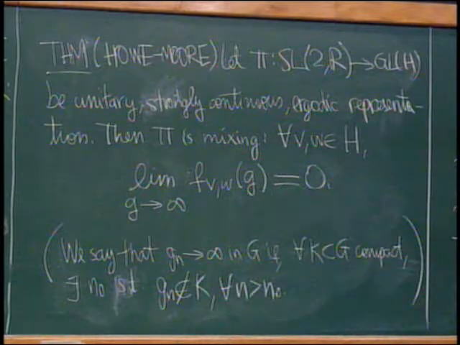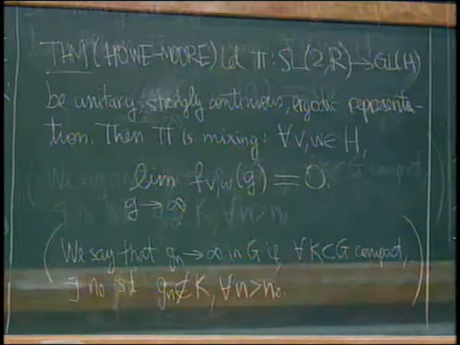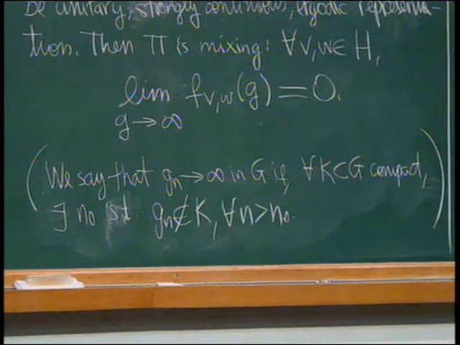Okay? So you escape from compact subsets. So if you have a sequence that escapes from compact subsets, you say that the sequence is going to infinity in the group. And to say that a representation is mixing is to say that if you fix two vectors of your Hilbert space, then the matrix coefficient associated to these two vectors, as the element of the group goes to infinity, has to go to 0.